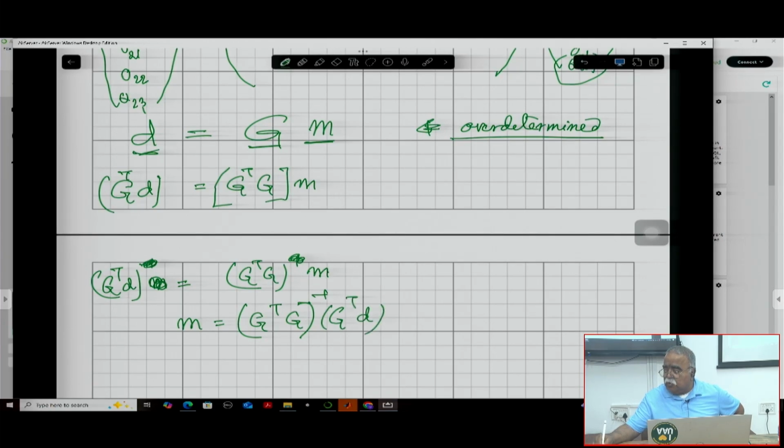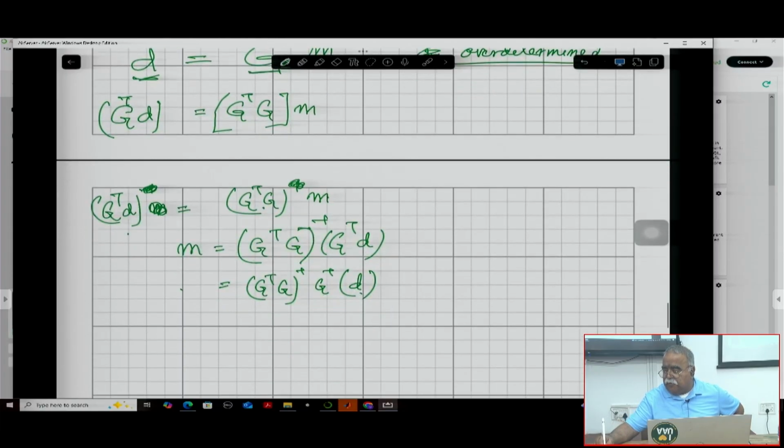That means if you go down to the denominator, then it is the GTG inverse into this one. So GTG inverse multiplied by GT into D, right? That D you have already provided, and from there you can calculate M. Now M means it is all the parts, the source part and then all the site part.